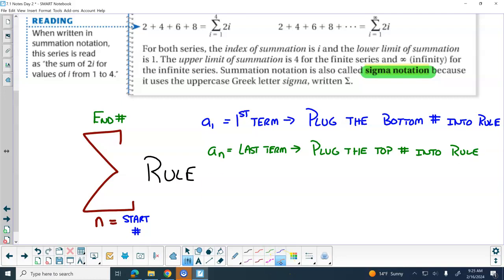To find the total number of terms, you're going to take the top number minus the bottom number and then add 1.